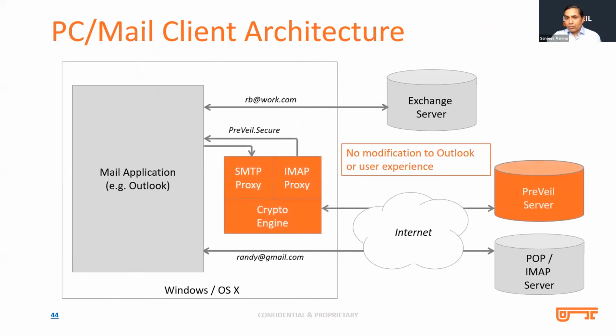So the Prevail email, once it's detected to be encrypted, goes to a local host on your computer or in the app on the phone, which has an SMTP IMAP proxy and the crypto engine that encrypts your email with a new key. That email is then forwarded onto the Prevail server on AWS GovCloud, and if you wish, that can be an on-premise server. That's when it gets delivered at the other end. So that's why your Prevail inbox is absolutely spam-free, and your Prevail email will not be stuck in spam either. I just wanted to clarify that.